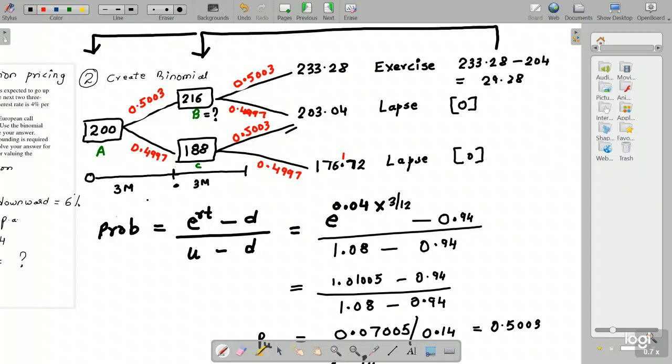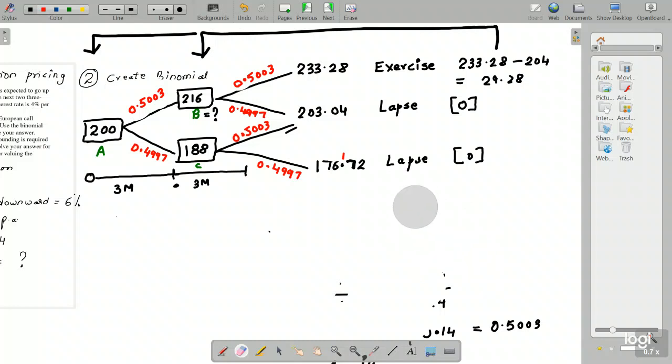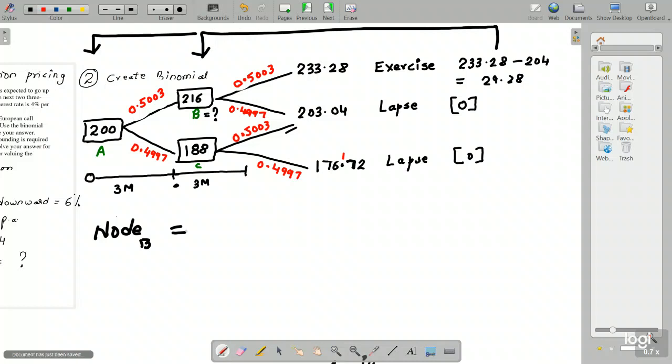So allow me to delete some of the information, because I need some space to write, and I don't want to be away from this binomial tree, right? I guess you guys are already with me in terms of the calculation.